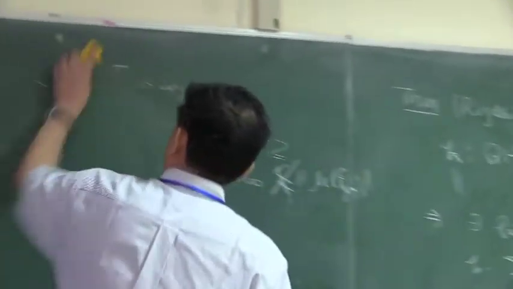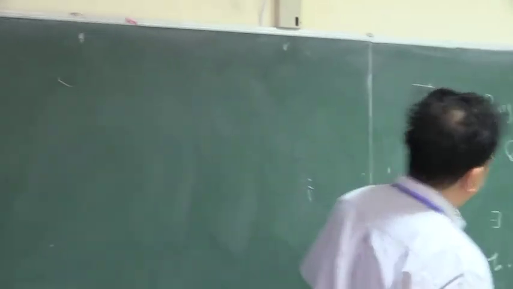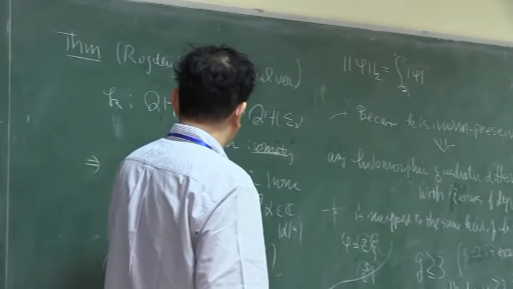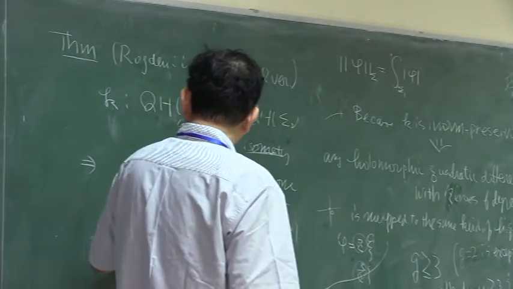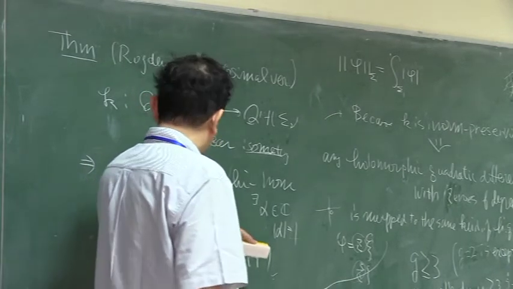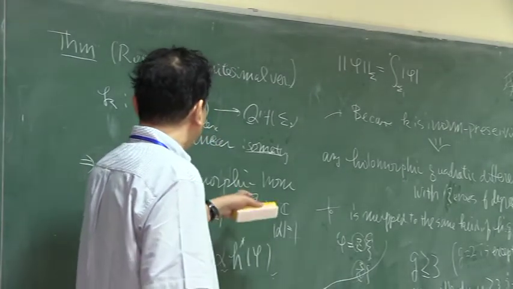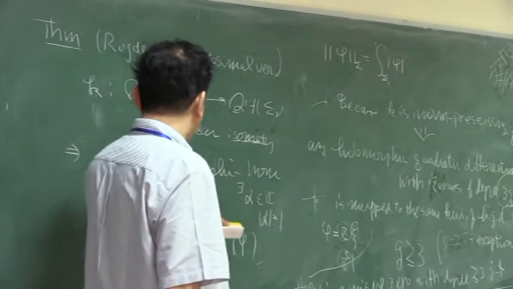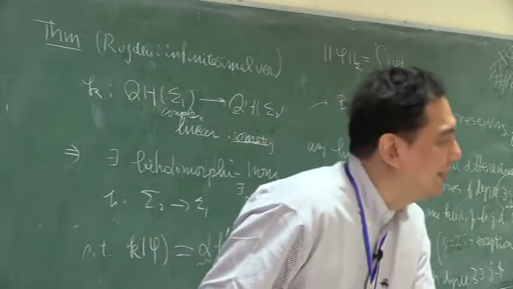Now I will show you how to construct a biholomorphic map from sigma to sigma 1, but it's okay to just construct a biholomorphic map from sigma 1 to sigma 2. It's the same, just take the inverse.